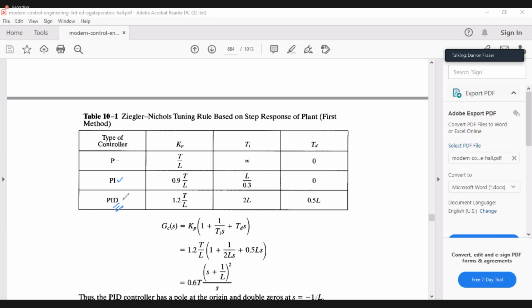It's not a matter that you must have a value for D. Now, if you notice the example that I started with, when you just had position, all you needed was a proportional controller.